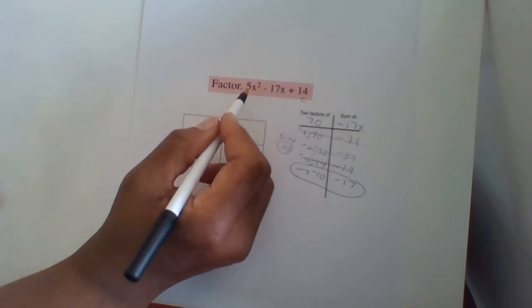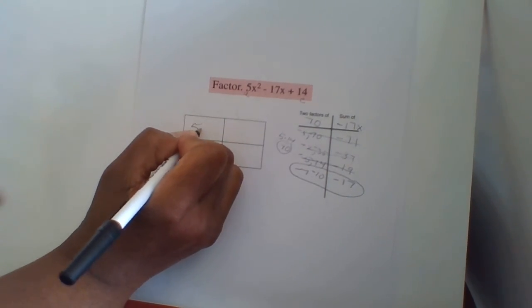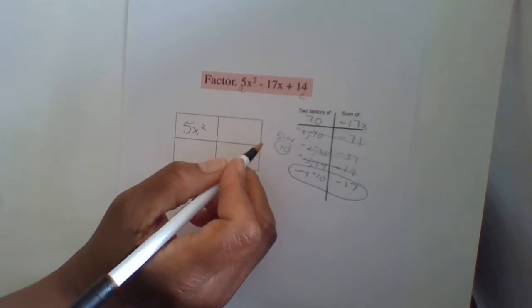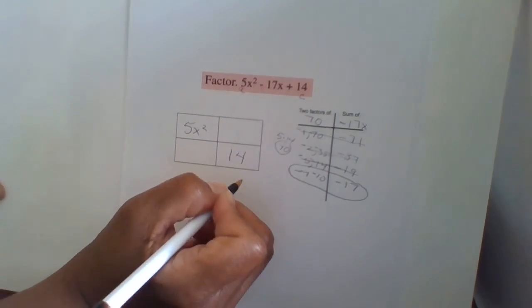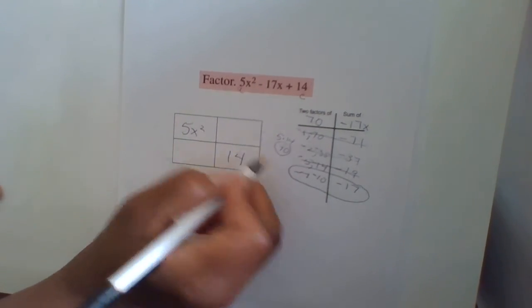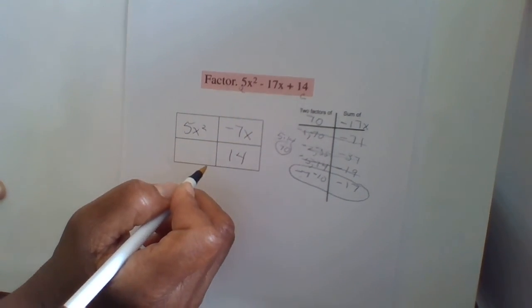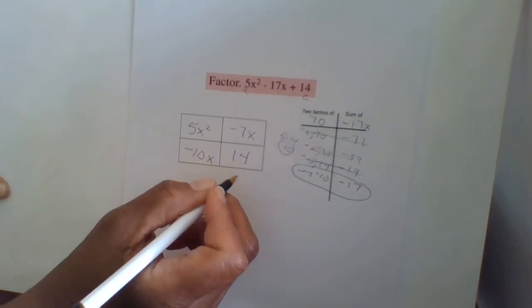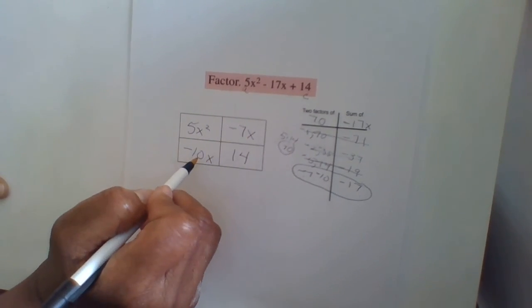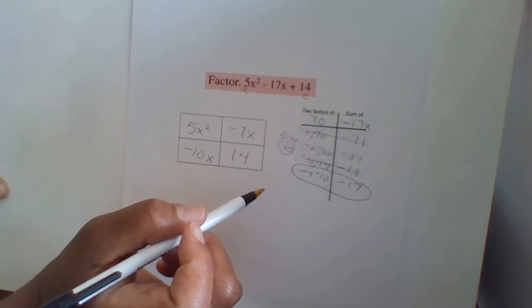So I'm going to rewrite this in the box. 5x squared goes in the first box. 14 goes in the bottom right box. Negative 7x is in the top right box, and the remaining box will have negative 10x. Here again, negative 7x plus negative 10x is negative 17x.